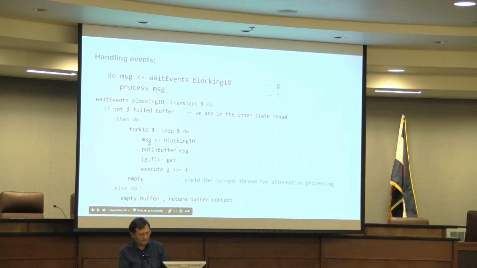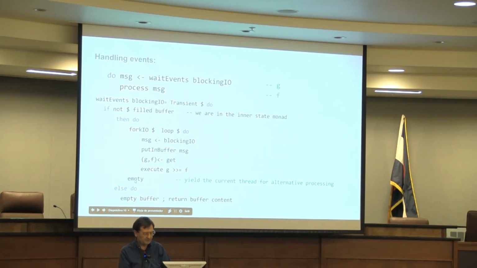Whenever the blocking I/O returns a message, we put this message in the buffer and then execute the closure and the continuation. And then to the current thread that executes this fork, we return empty.